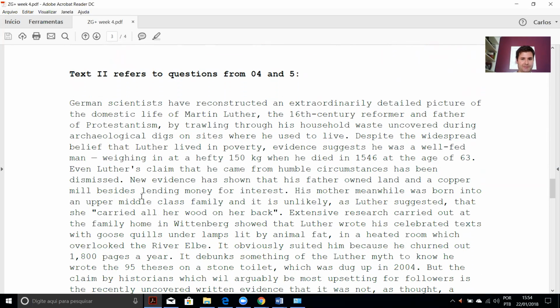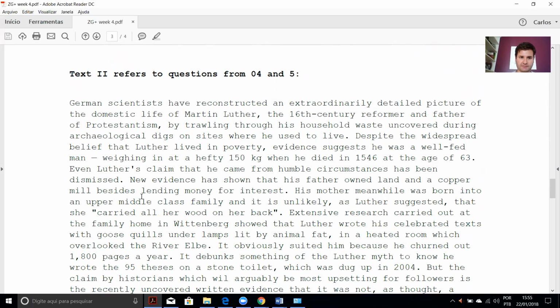The examining board has been known to do a text about a specific historical figure. So it's a good idea to go back and look at the vocab that they use, which is quite similar to the text I gave you guys, the Machiavelli text.